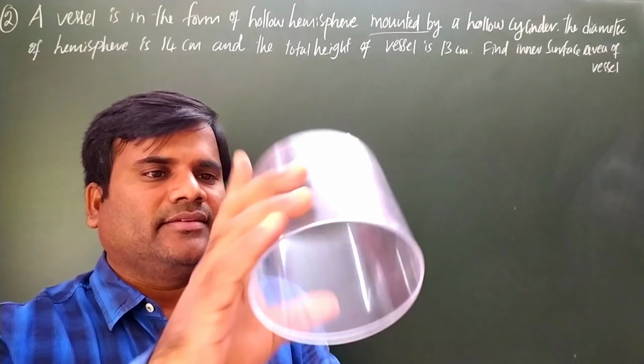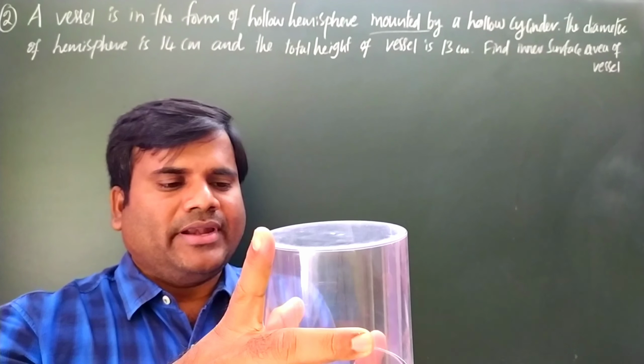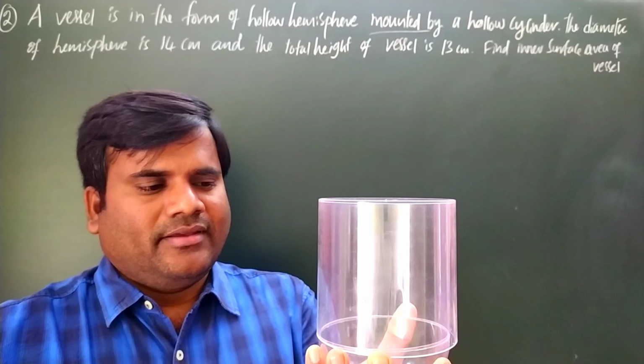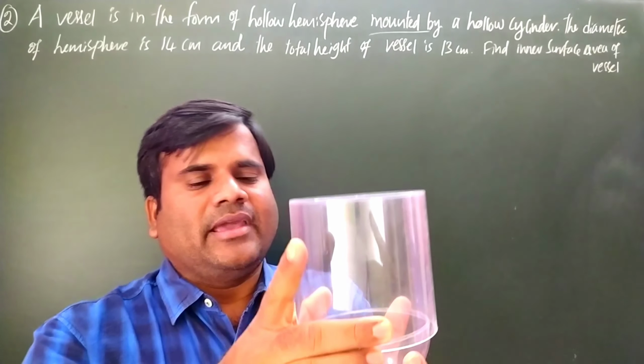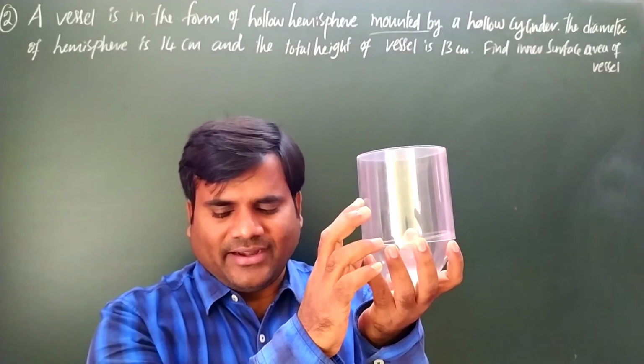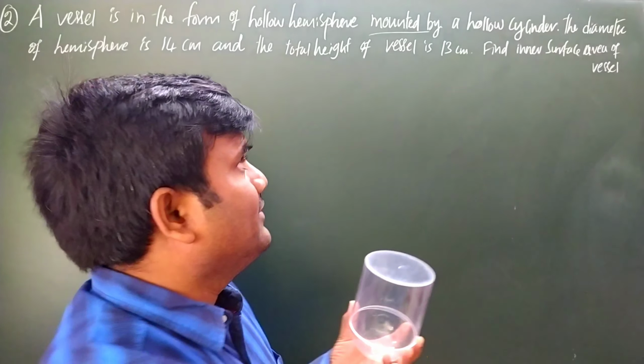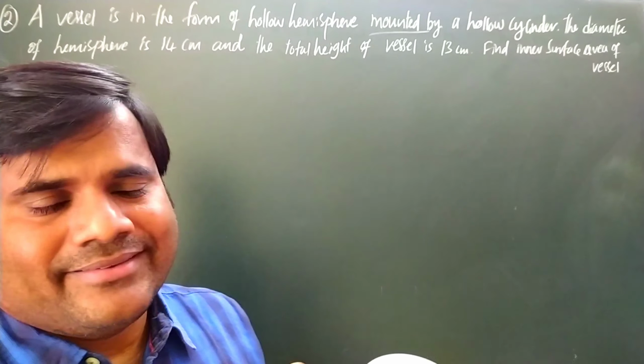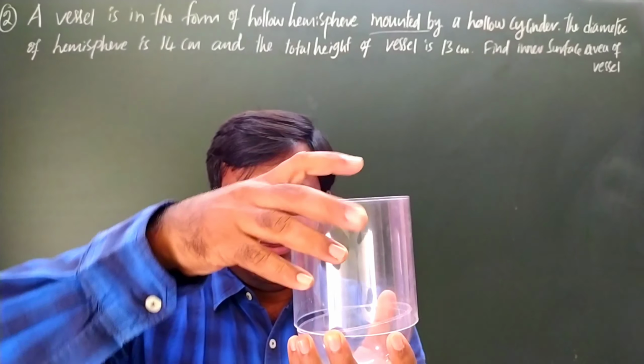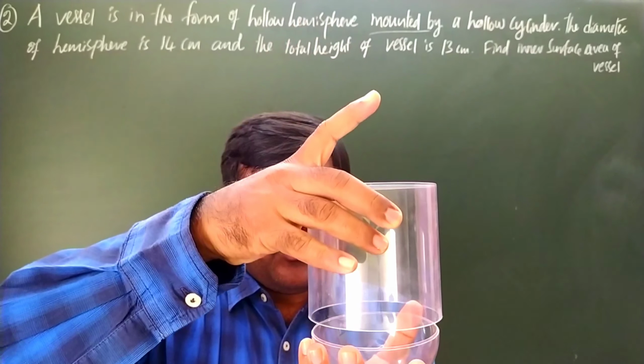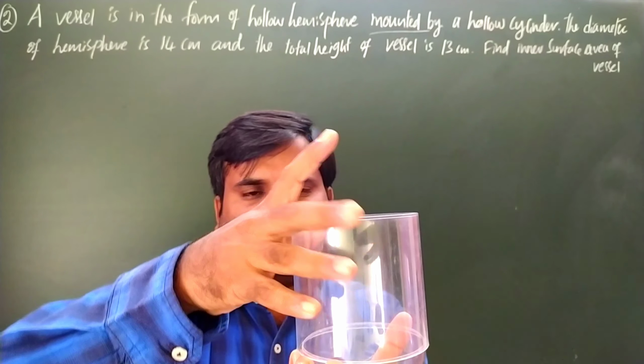We can say that this cylinder is mounted on the hemisphere. Otherwise, the hemisphere is surmounted by a cylinder. So understand the difference: it is the same, only mounted, surmounted. This cylinder is mounted on a hemisphere.